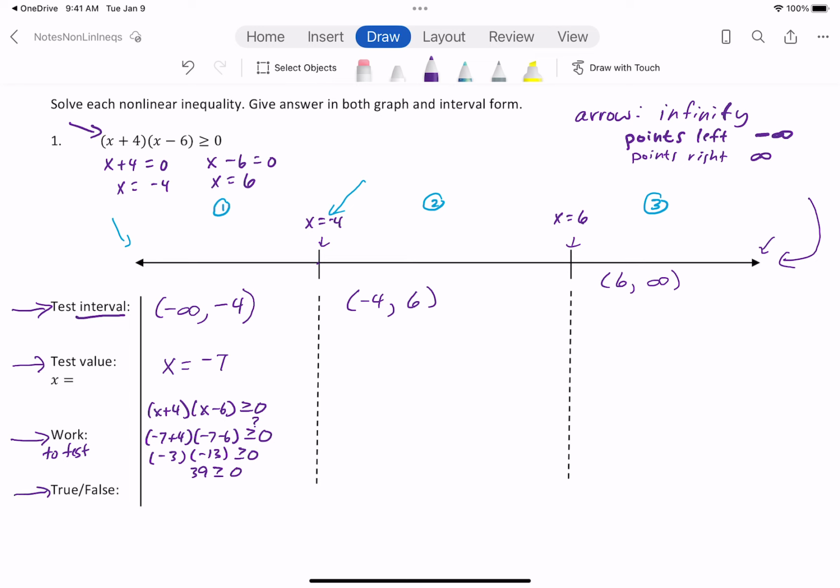So then we want to know, is that statement true or false? And 39 is certainly bigger than 0. So we get true. And what that means is x equals negative 7 made our inequality true, so it is a solution.